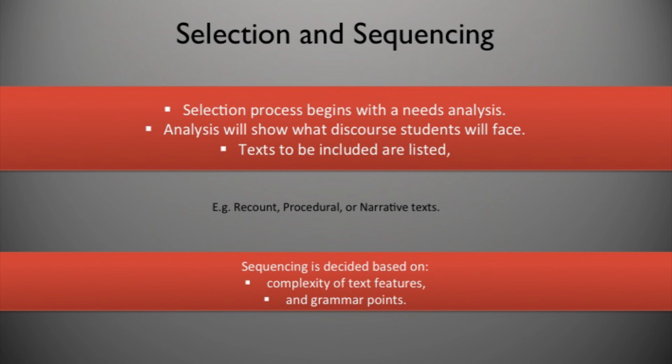Then, for example, based on needs analysis, the students will need kinds of text like recount text or narrative text. And then based on that selection, the next process is sequencing. Sequencing is decided based on complexity of text features and grammatical points.